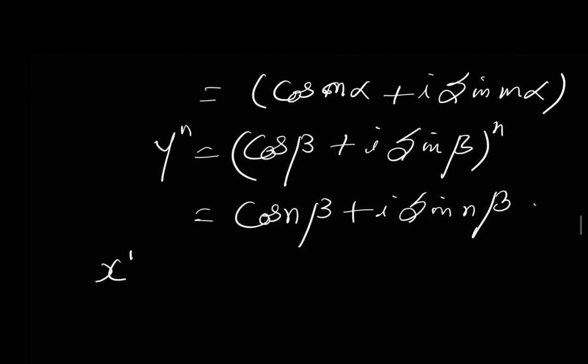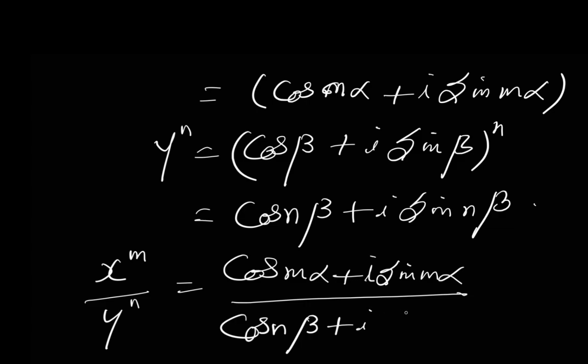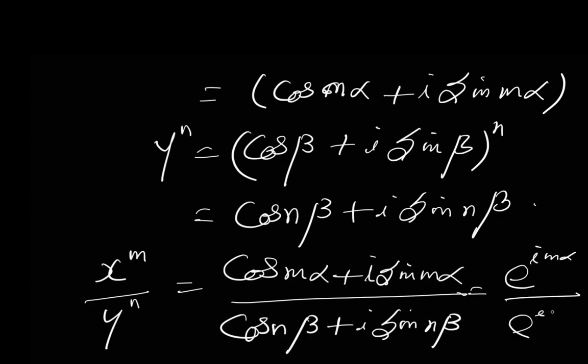So I have to find what x power m by y power n is: cos m alpha plus i sin m alpha divided by cos n beta plus i sin n beta. How do you simplify this? This is e power i m alpha divided by e power i n beta.